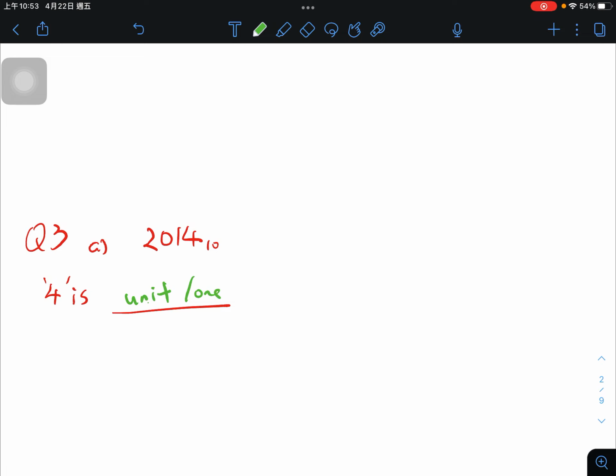And then the 1 is 10. And then 0 is 100. 2 is 1000. They are the place value, etc.